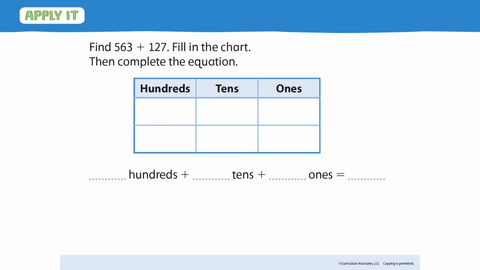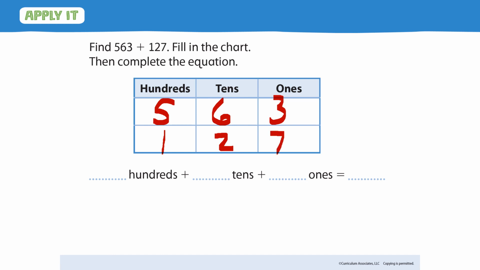So when you looked at this, did you say in the number 563, I have 5 hundreds, 6 tens, and 3 ones. And with the number 127, I have 100, 2 tens, and 7 ones.